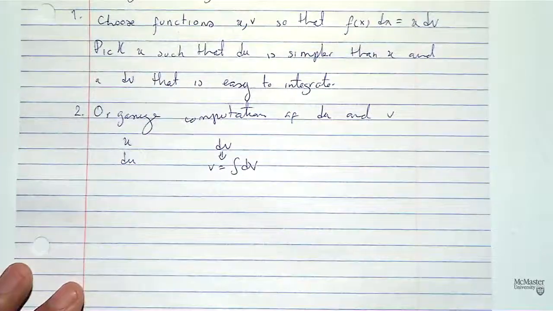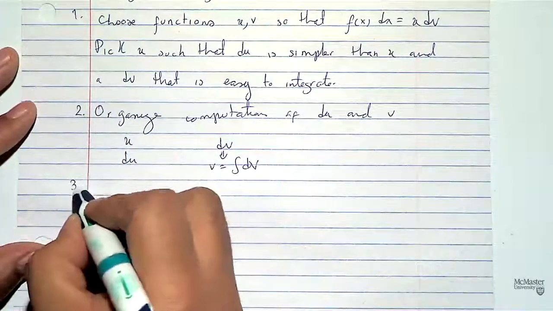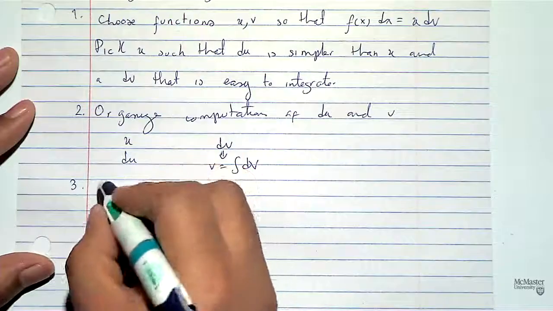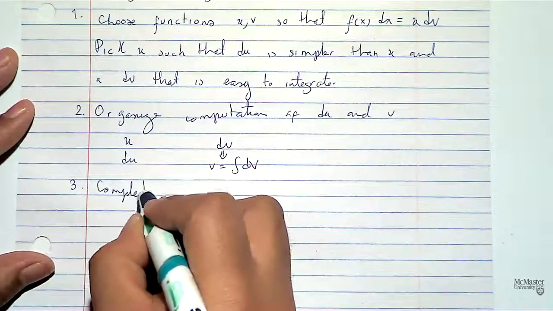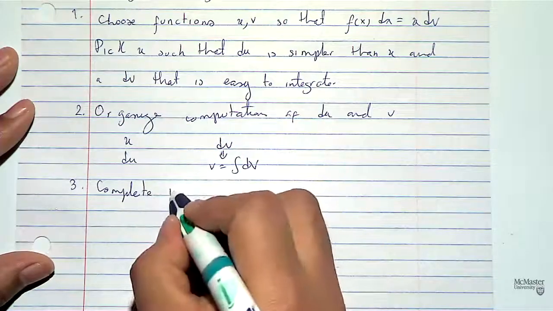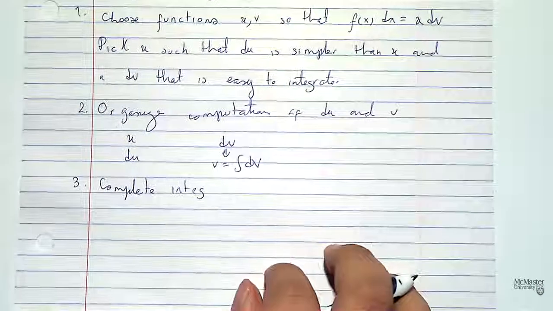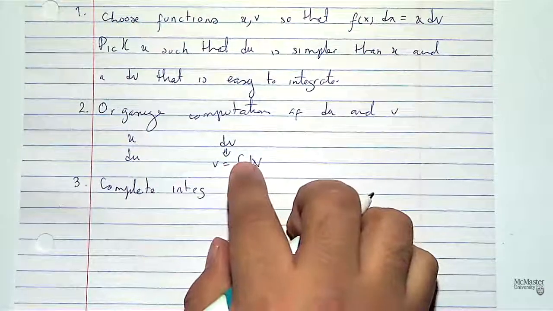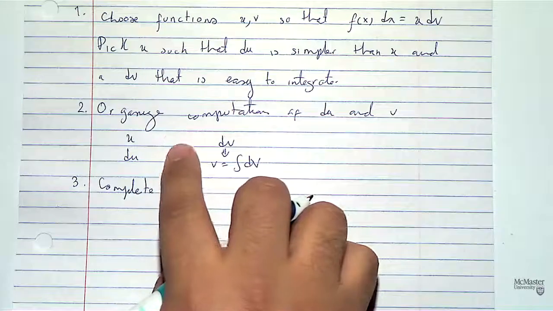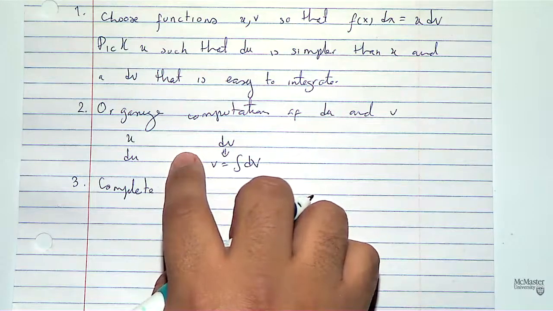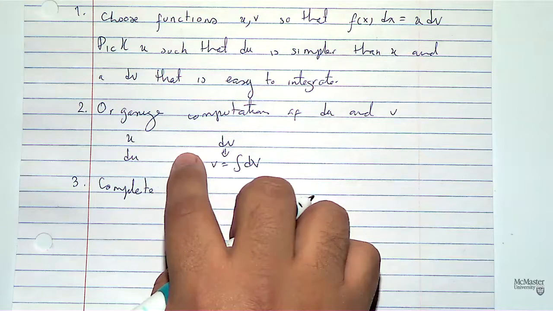Okay? The last step is to complete the integration. Actually, I'm curious. For the people who have done this before, did you always do this intermediate step? Yeah? Have you done it?